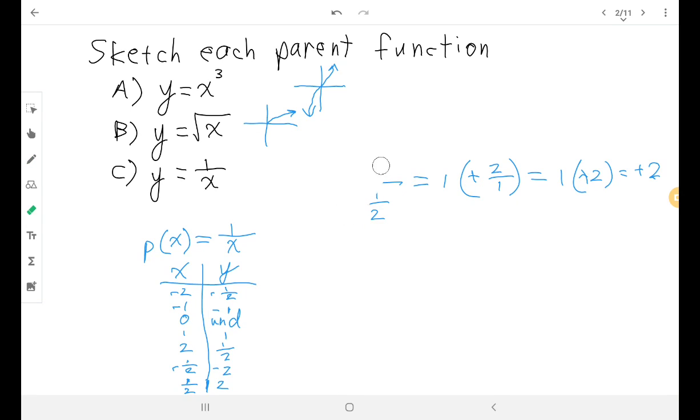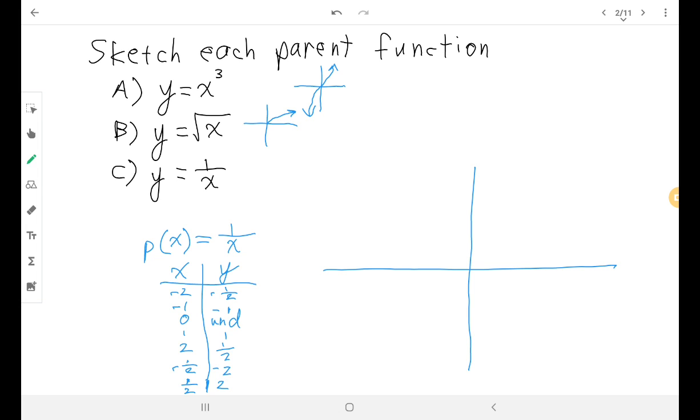So let's look at how that graphs, and if we need to expand the table even more to look at this, right? So let's make our numbers a little bit farther apart, change our scale a little bit so that we can look at this a little bit better, because now we're dealing with halves and stuff like that.